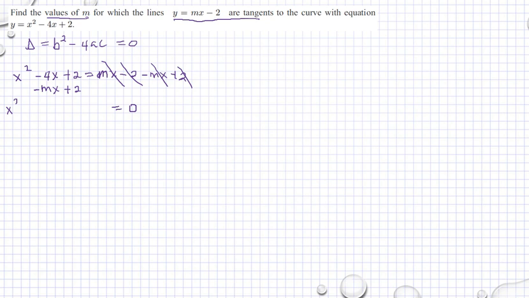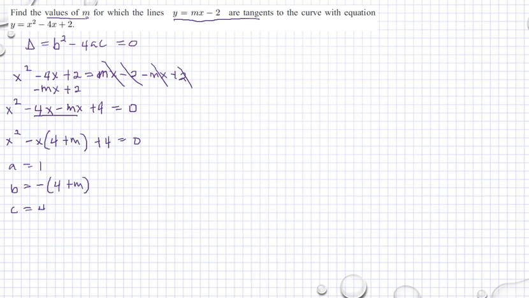Then we have x squared minus 4x minus mx plus 4. If we factor the middle term, because we have a common factor there, we have x squared minus x times (4 plus m) plus 4 is equal to 0. That means our a is 1, our b is negative (4 plus m), and our c is 4.